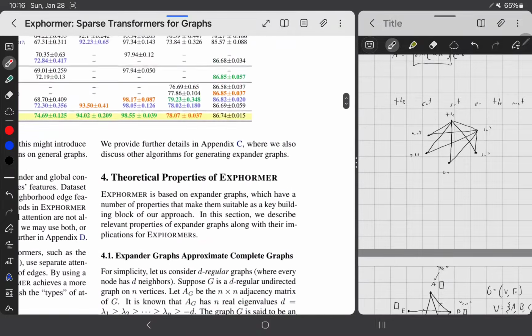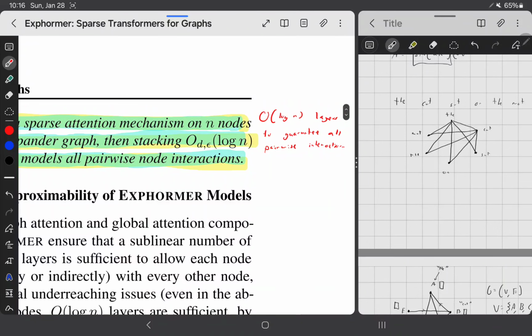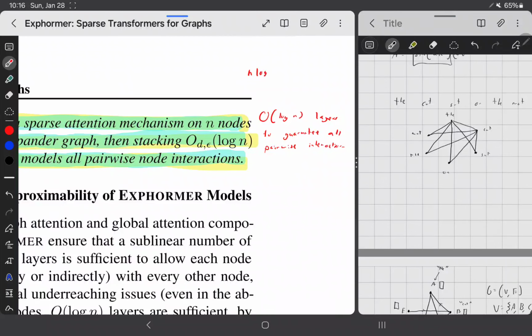Now, like I said down here, it takes O of log n layers. So at most, you would need n log n. It would be order n log n if you had log n layers to get a fully connected graph, which would be better than full attention because you likely have more connections.